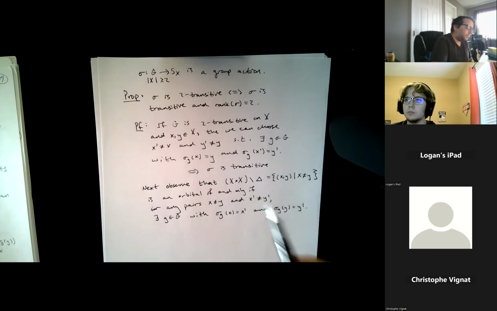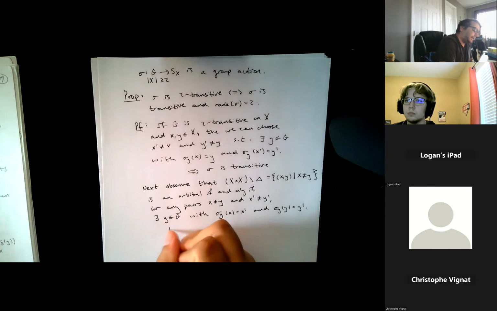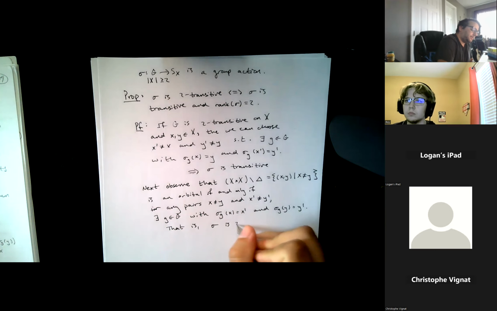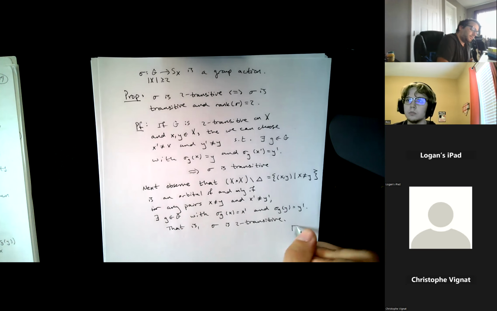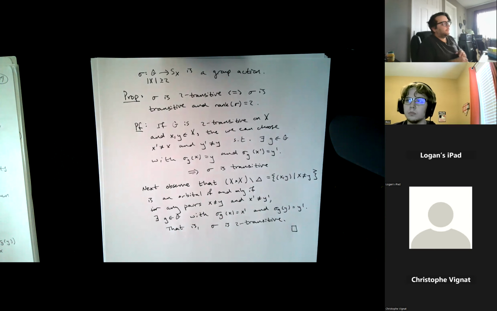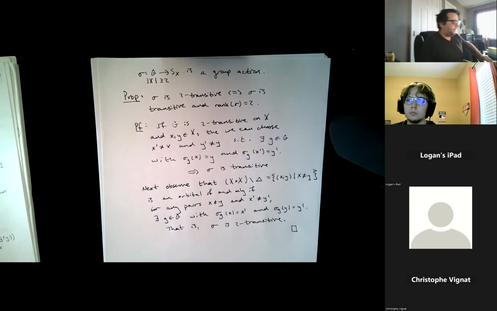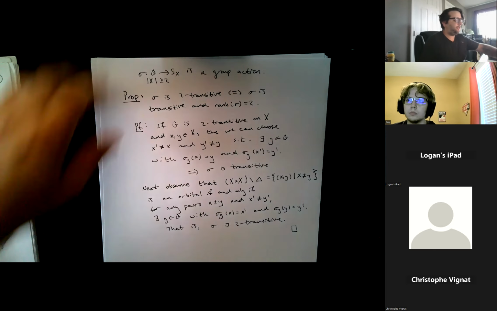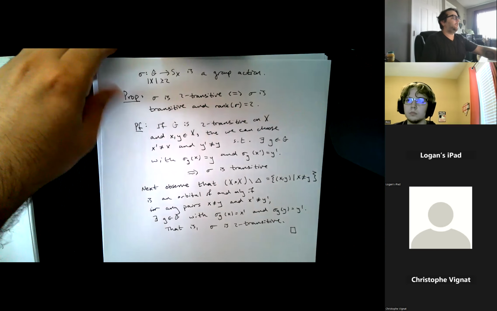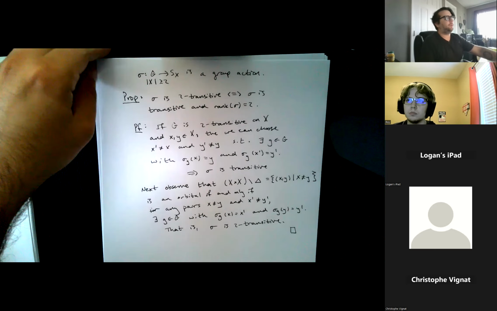And so we have that it's an orbital if and only if this property holds, which is exactly that sigma is 2 transitive. Okay. So I think we're going to use that again later. So this proposition tells us 2 transitivity is equivalent to being transitive and having a rank of 2.